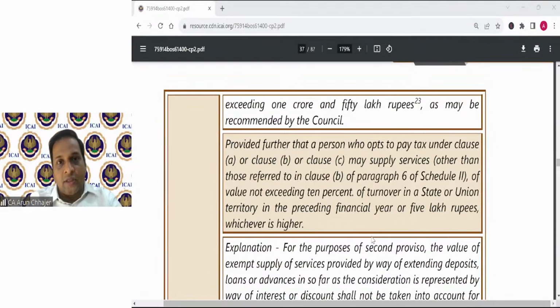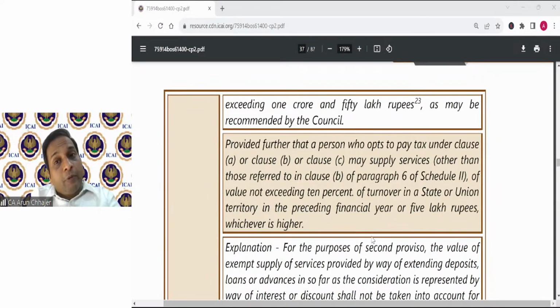We have already discussed that there is slight relaxation with respect to any service, because suppose I am a manufacturer of air condition. Can I opt for composition? Answer would be yes. But what happens when I supply the air condition? I probably provide certain AMC services.